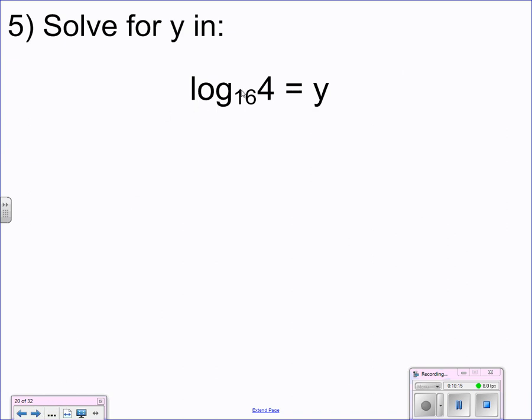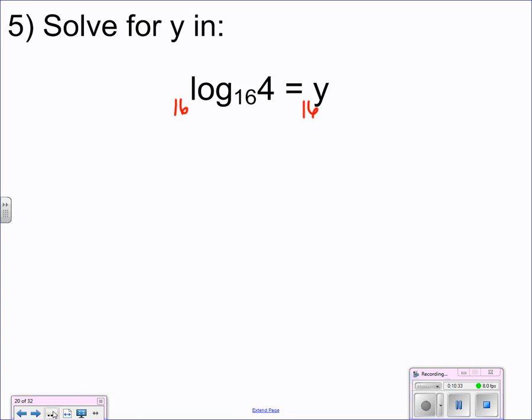To solve for y, the first thing we're going to do is apply a base of 16 to both sides, which means the log base 16 of 4 becomes an exponent and y becomes an exponent.